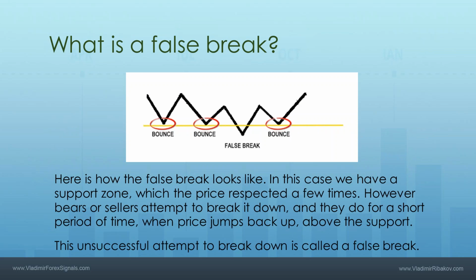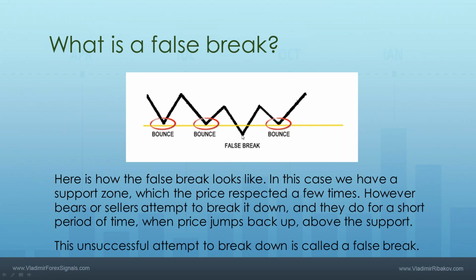That's how it looks. In this case, we have a support zone which the price respected a few times. However, bears or sellers attempt to break it down, and they do for a short period of time, but then the price jumps back up and closes above the level here.